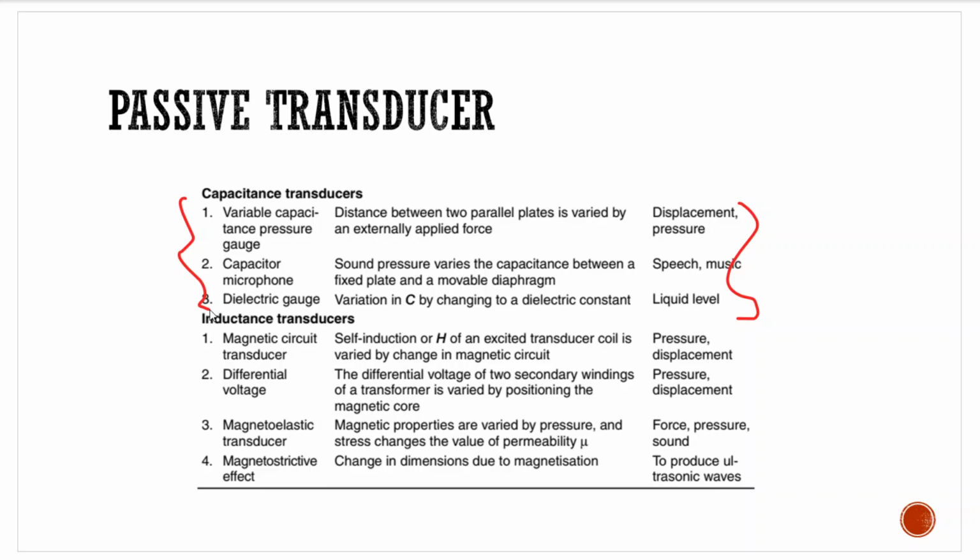Fine. Then your capacitor microphones. You have two types of microphones: dynamic type microphones and condenser type microphones. Condenser type microphones basically mean capacitor microphones.